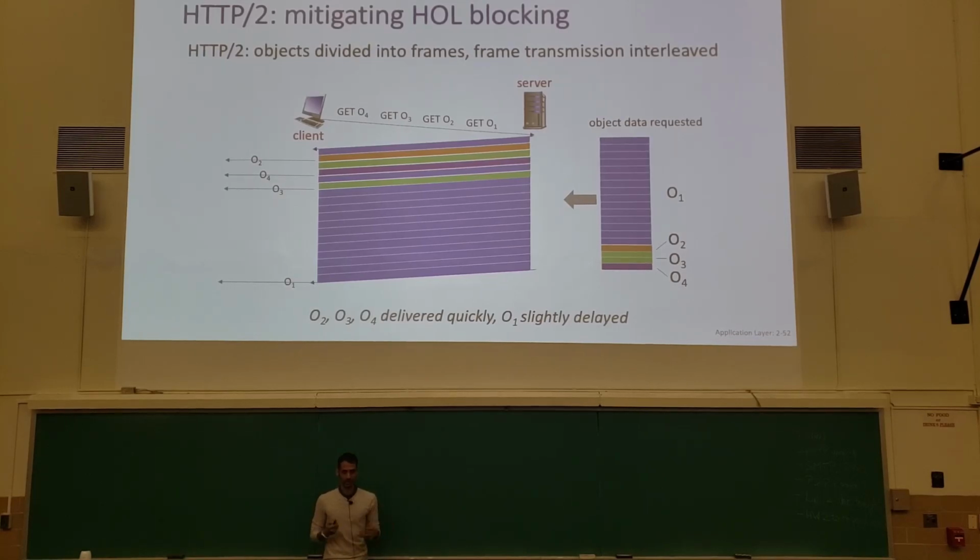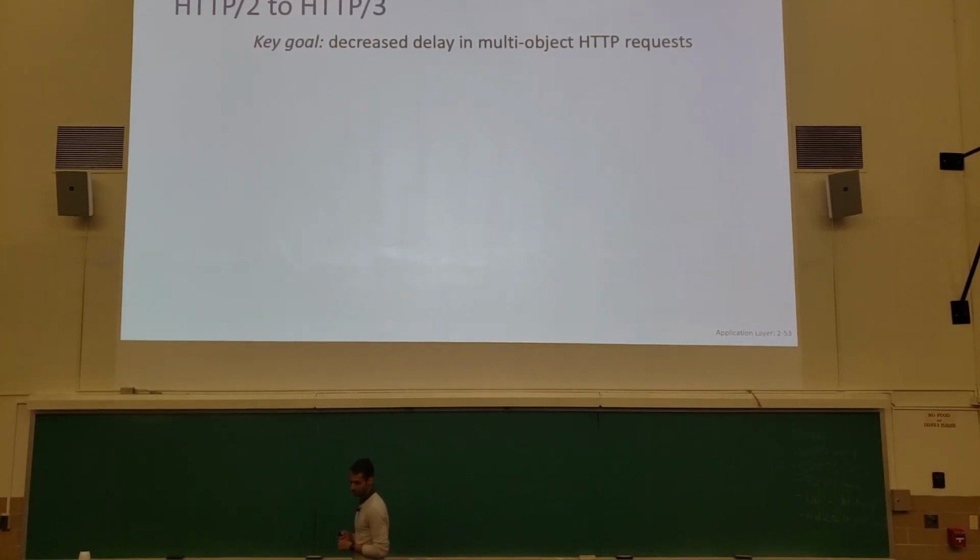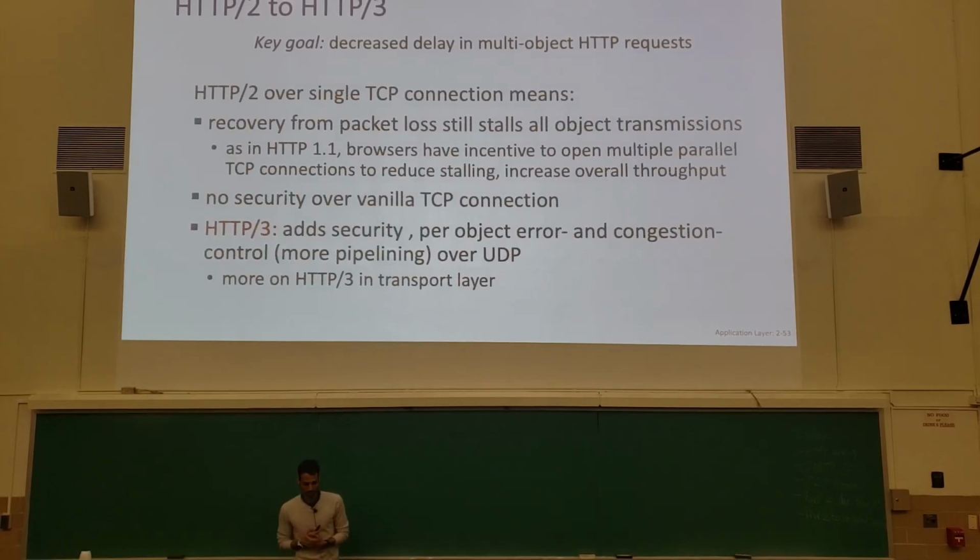There's yet another new kid on the block, and that's HTTP 3. So what does 3 do over 2? Well, 2 is already fixed. 1.1 added persistence, 2 allowed for interleaving and getting around HOL problems. But that doesn't still solve all of our performance and security related problems.